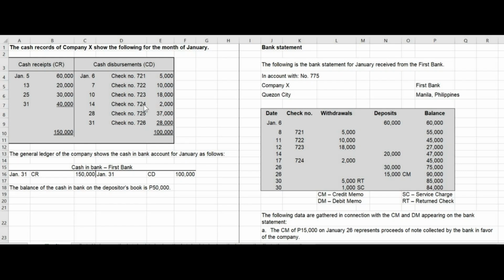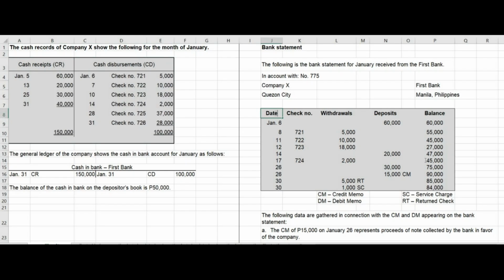Now, the first thing that you have to do, if you have already your cash ledger, that is the records ng company, and your bank statement, that's the records of the bank. So the first thing that you have to do is you determine first the balance per book and the balance per bank. So in our example, ito yung detalye ng ating cash ledger.